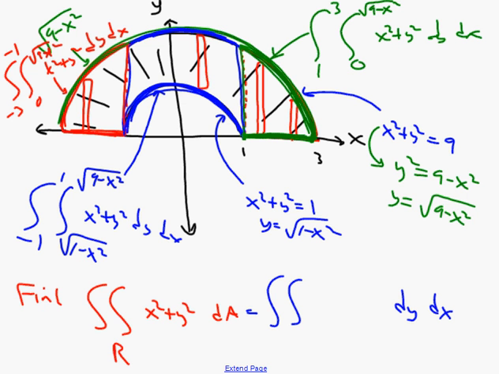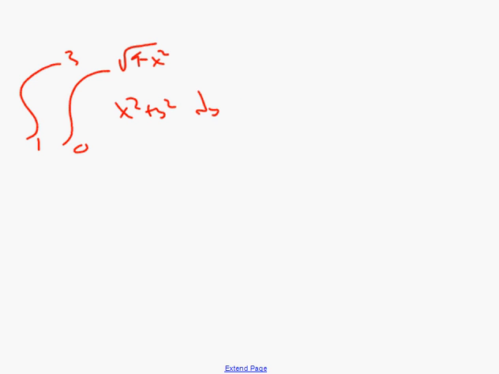Let's write this out a little more neatly. Here we are. We get the integral 1 to 3 of the integral from 0 to the square root of 9 minus x squared of x squared plus y squared dy dx. There's the first one. That was really the green one, actually.